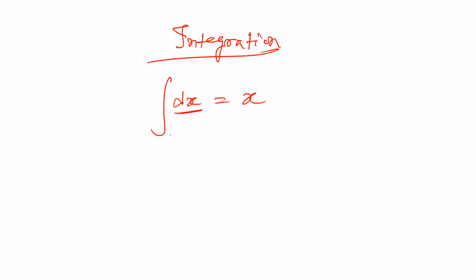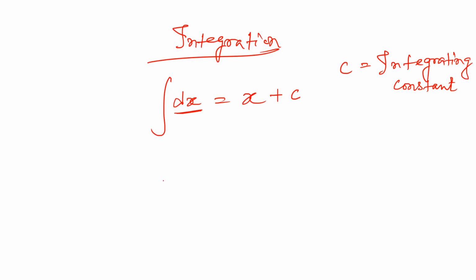Now whenever you integrate a function, it can be dx, it can be x dx. In that case you have to write a constant, which is c. Here c is an integrating constant. I hope this is clear.